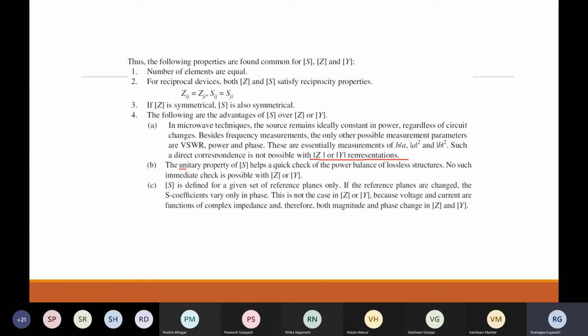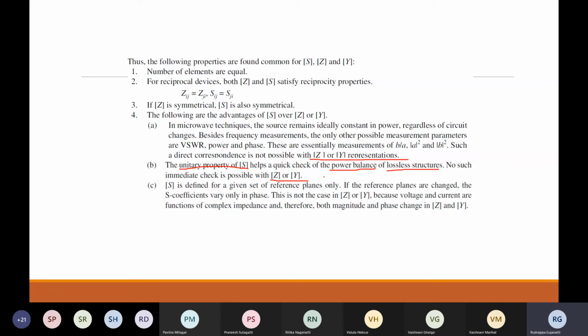Then if you check that the S matrix satisfies the unitary property, it is indirectly indicating that the network is lossless. If the network is lossless, it gives an indication that there is a power balance between the input and the output you are observing. But such a check I cannot have with the Z and Y parameters.